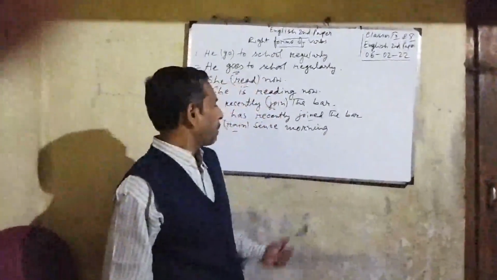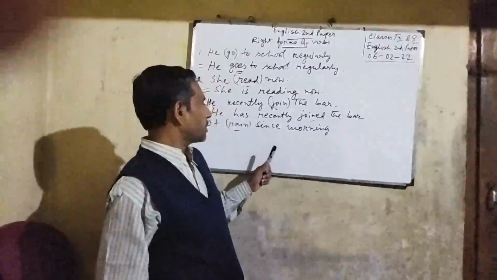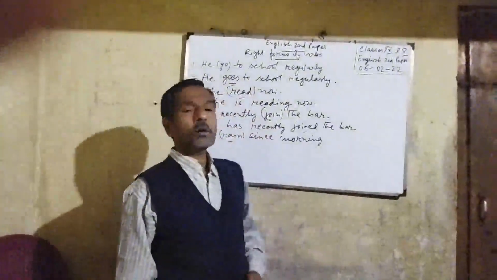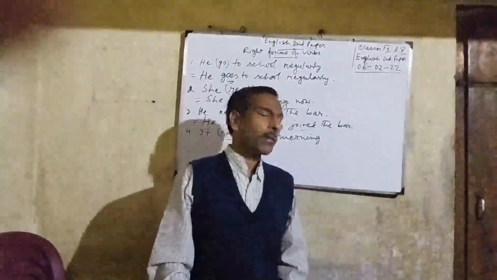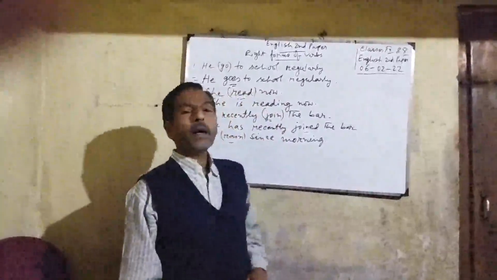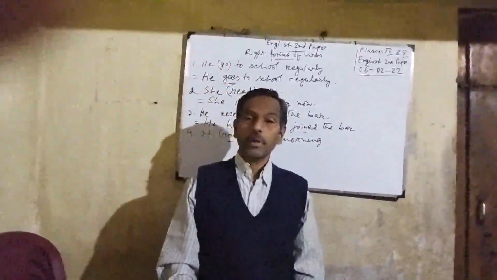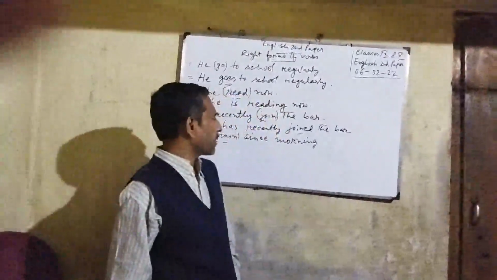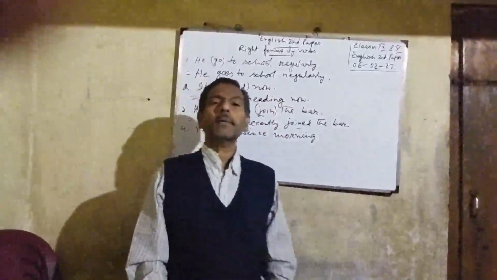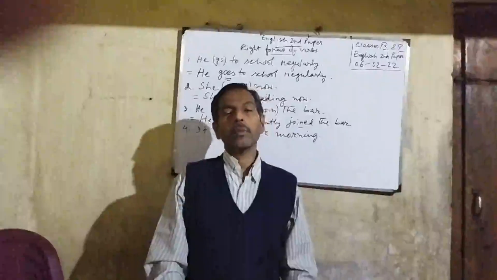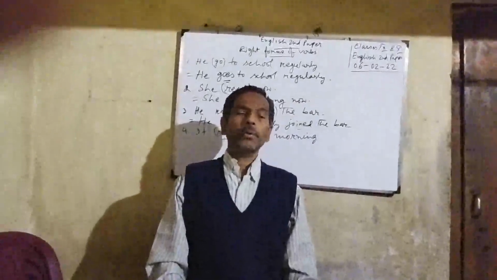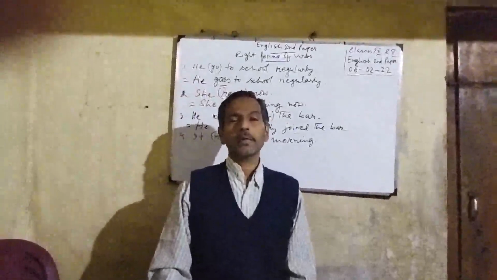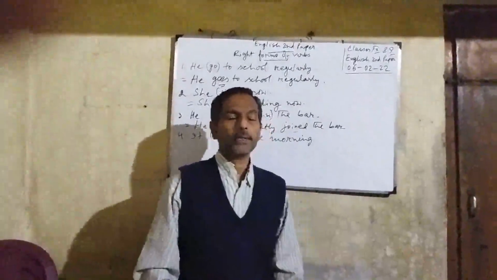If we see a time in a sentence and before the time since or for, in the point of time we see since, in the period of time we see for, then we will turn this sentence into present perfect continuous. And this activity is done according to the structure of present perfect continuous. We know that the structure of this tense is subject, have been or has been, verb plus ing, extension.